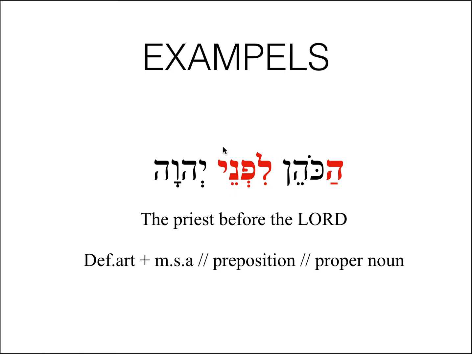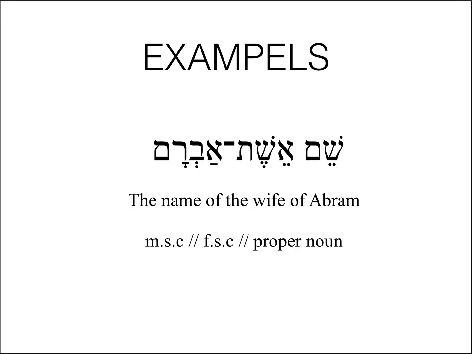This is a preposition which means before, and one of the rules said every construct must be followed by a noun. This is not a noun, therefore you also know this is an absolute. So these are two reasons why you know this is an absolute, even though it will look identical in the construct form. So the translation is the priest before the Lord.